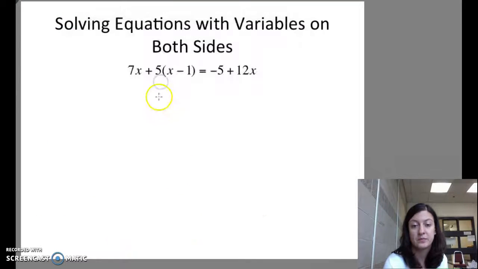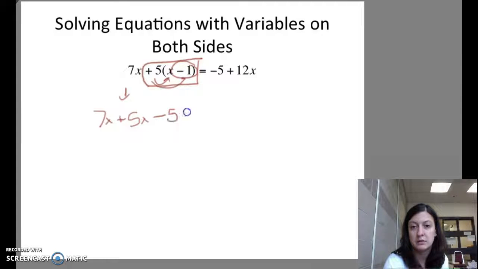Okay. Same thing. I see a parenthesis in here, so I'm going to use a zoom in box. This is going to be 7x plus 5x minus 5 equals negative 5 plus 12x.